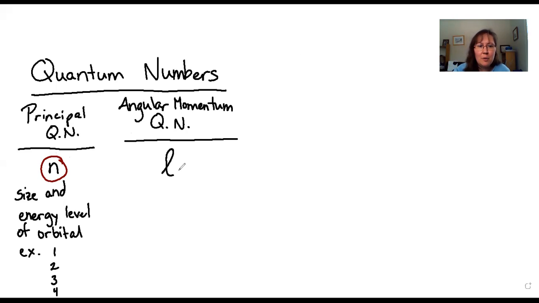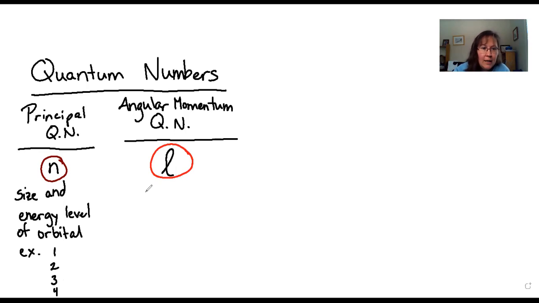That's kind of weird, but you'll see it like this. And I'll circle that in red so that we can see it. And with the principal quantum number, n, we indicate the size and energy level of our orbital, 1, 2, 3, 4, 5, and so on.